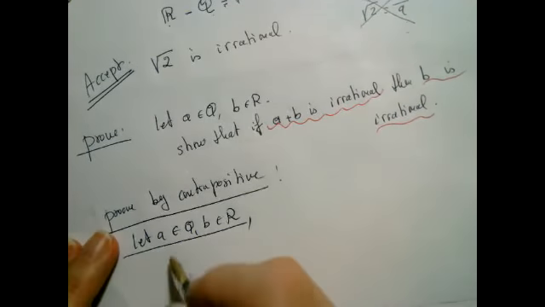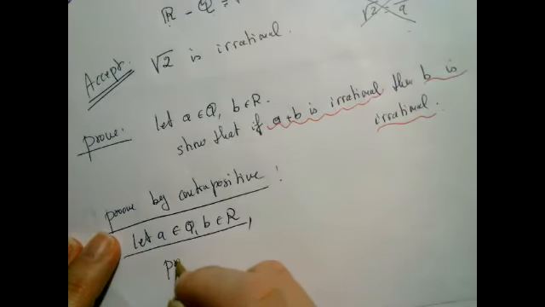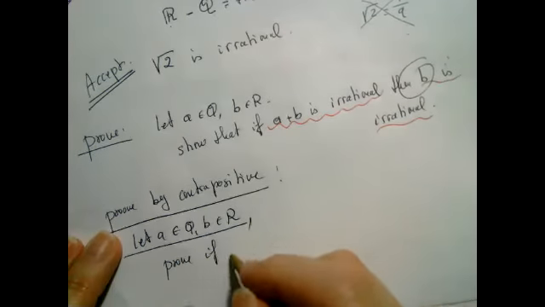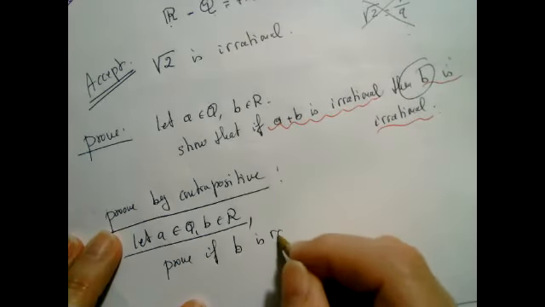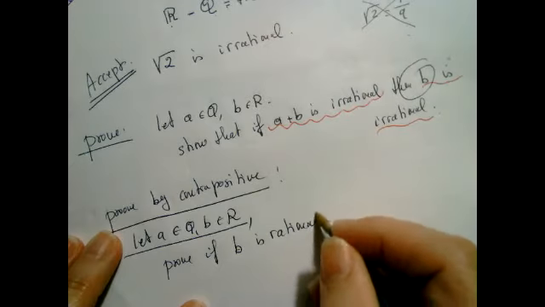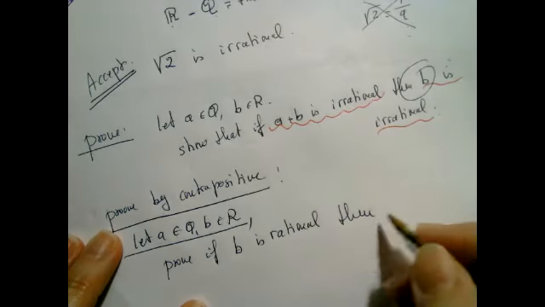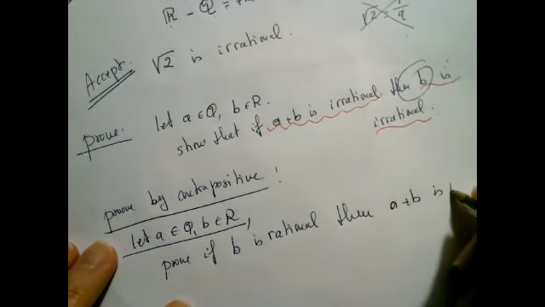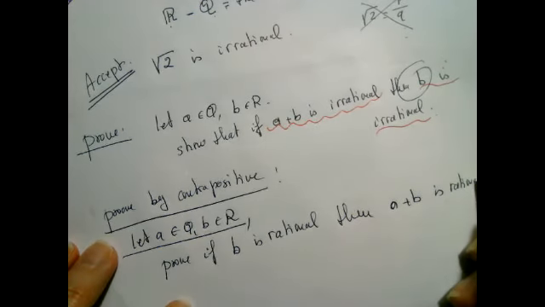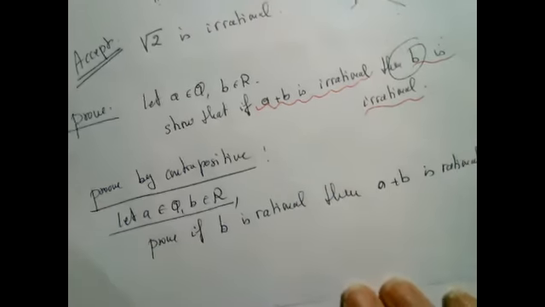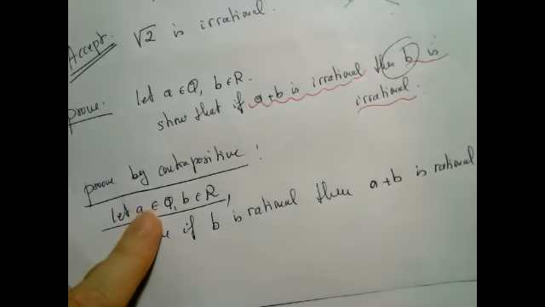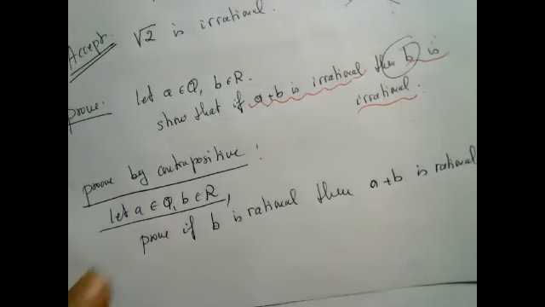We're going to prove that if B is rational, then A plus B is rational. And we have to be very careful with the domain. My domain is very clear.